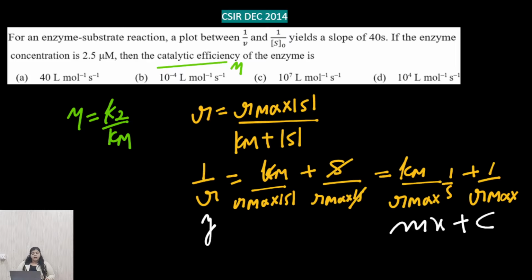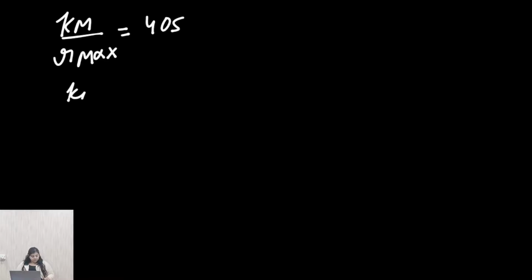Here the slope value, which is Km upon R max, is given to us. So Km upon R max is given as 40 seconds. Km upon R max is nothing but k2 into E0, which is equal to 40 seconds.